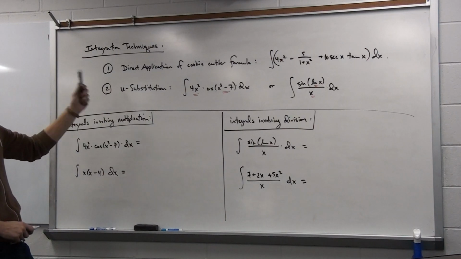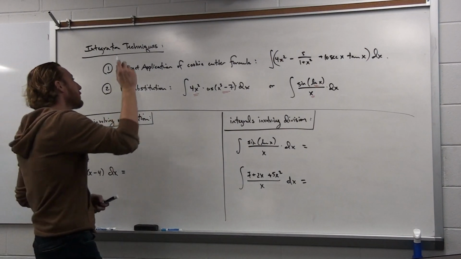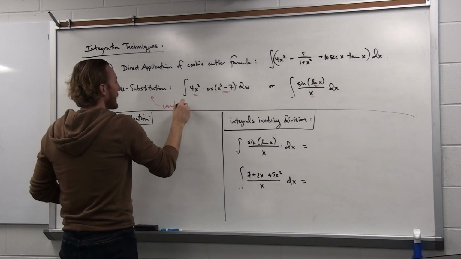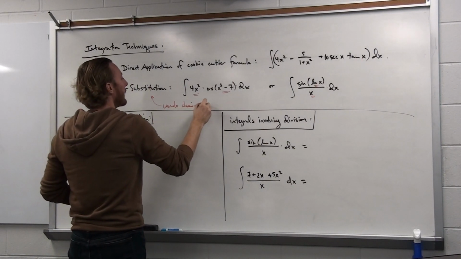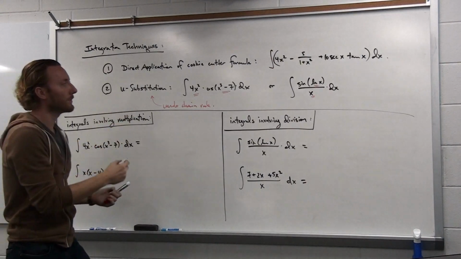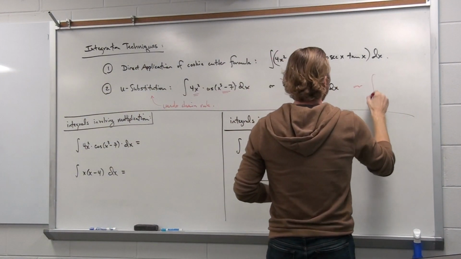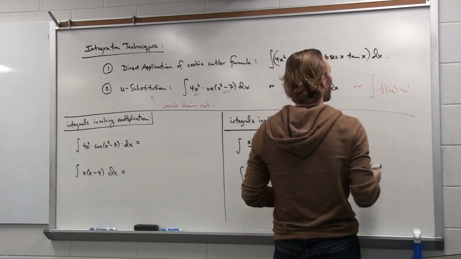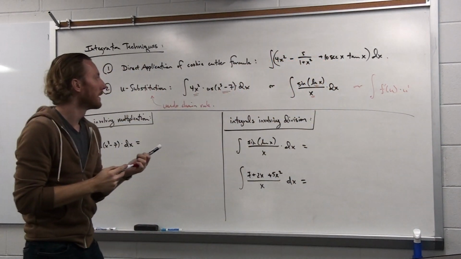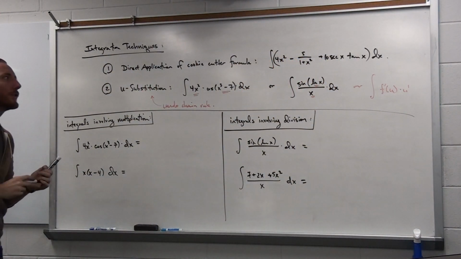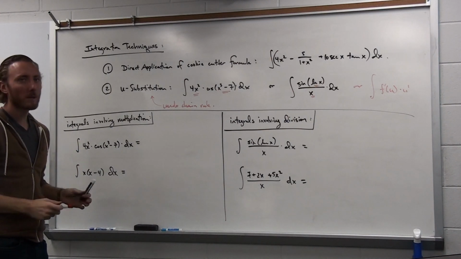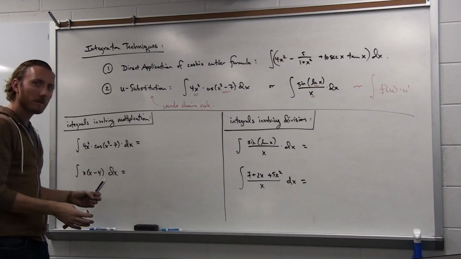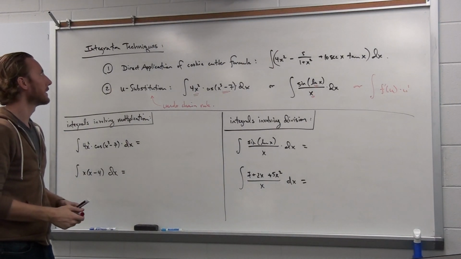But now what I want to bring to your attention is a key and important note. While we can directly apply our cookie cutter formulas, and while we can use u substitution to undo the chain rule, because what we're doing in effect is looking at integrals of the form f prime of u times u prime, we have no formula to undo the product rule or the quotient rule.